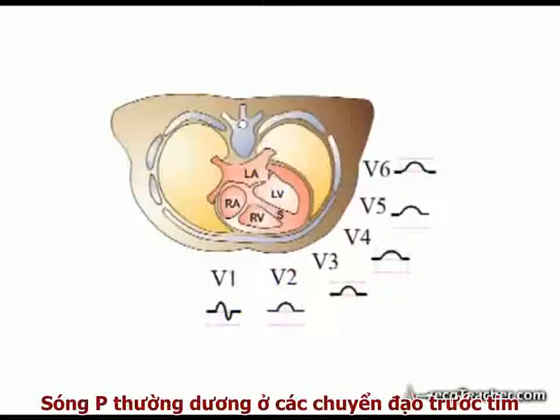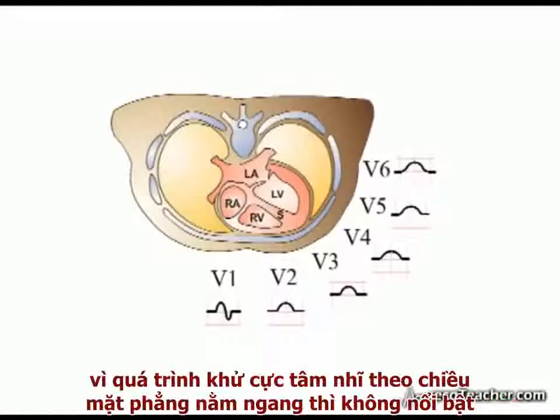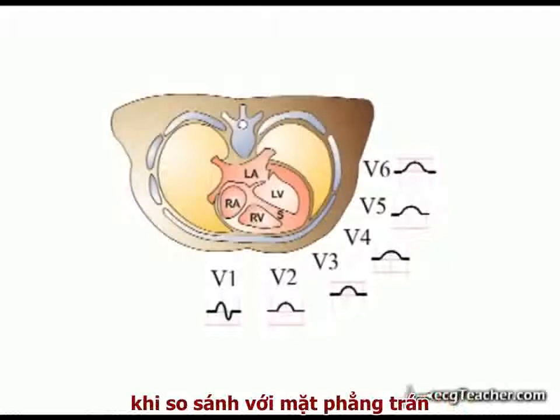P waves are generally positive in the chest leads, but tend to be of low amplitude, as the spread of atrial depolarization is less prominent in the horizontal plane compared to that in the frontal plane.